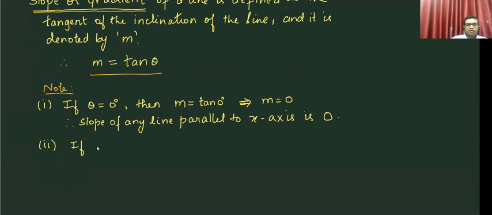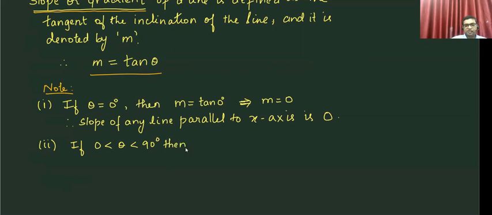Next, if theta is greater than 0 but less than 90 degrees, so 0 less than theta less than 90 degrees, we read it as theta lies between 0 and 90 degrees.